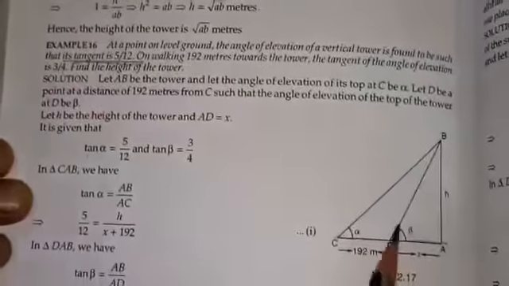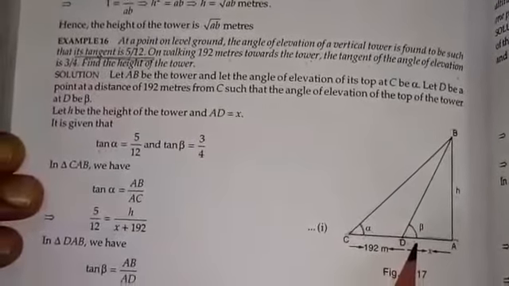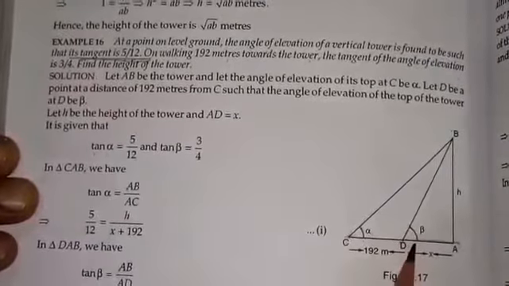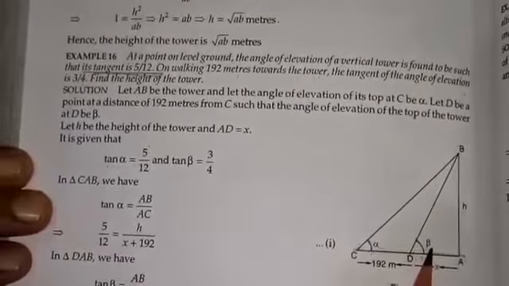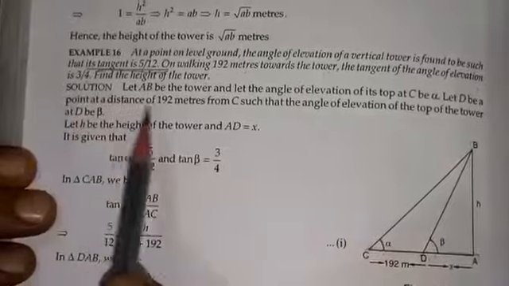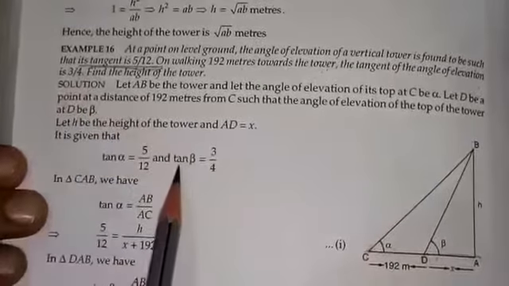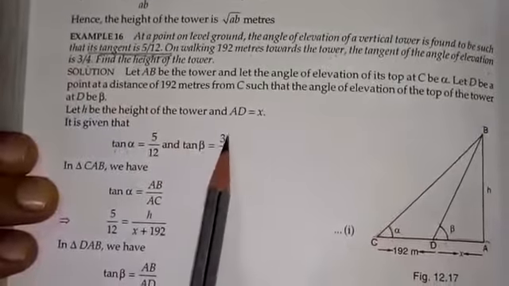The measure of this angle is not known, so let's call it beta. Tan beta is equal to 3 by 4.